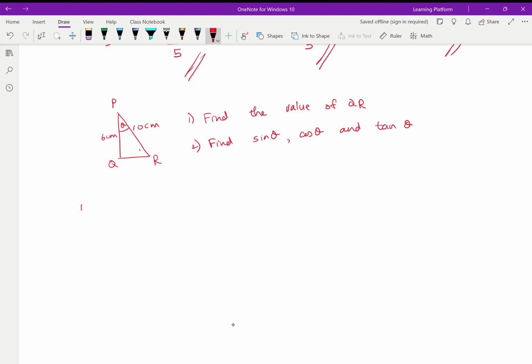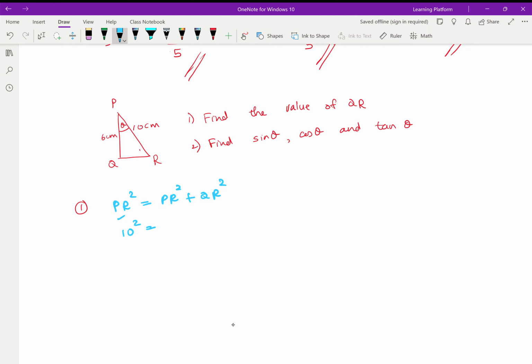Okay. For the first one, you need to apply Pythagoras theorem. How to apply it here? PR squared equals, that is the longest side, the hypotenuse, PR squared equals the short two sides, PQ squared plus QR squared. You know this PR squared, that is 10 squared.